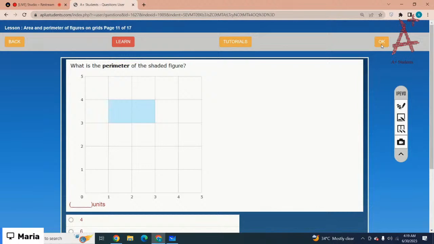What is the perimeter of the shaded region? Which is the correct option? The correct option is 1, 2, 3, 4, 5, 6. The correct option is 6. The perimeter of the shaded region is 6.